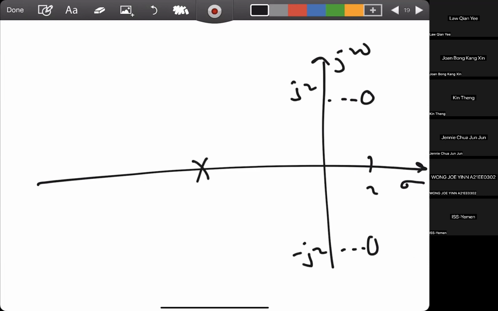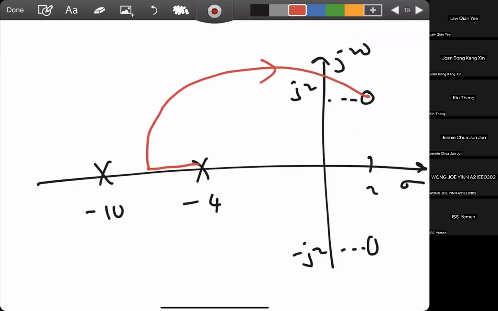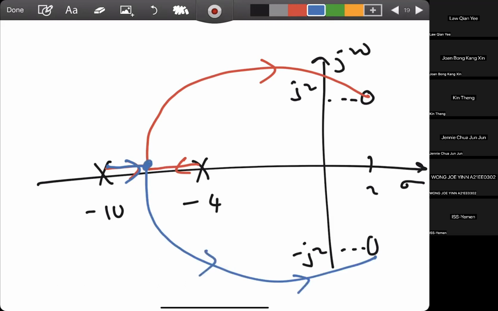Then minus 4. So the shape will be like this, and this one will be the break.